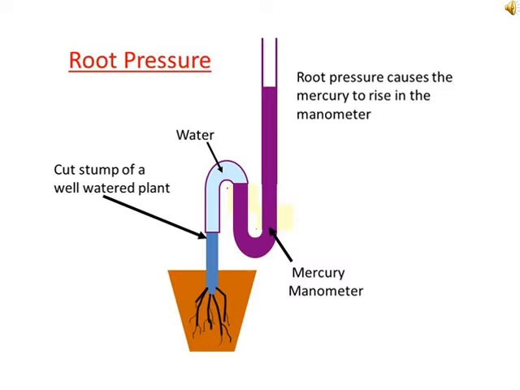So this movement is due to osmosis, cell to cell osmosis. It is the pressure developed in the root due to cell to cell osmosis which helps in the ascent of sap. It is the main reason why water is conducted to the upper parts of the plant. So the ascent of sap takes place due to the root pressure.